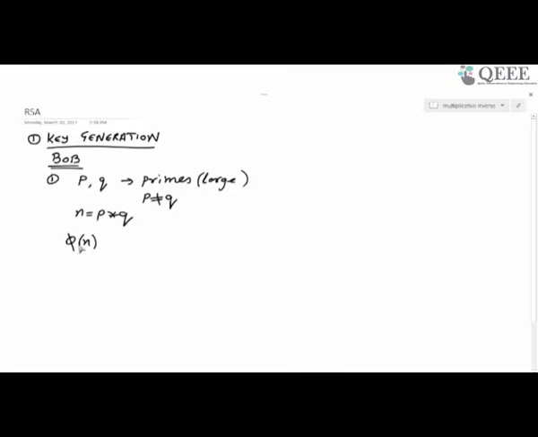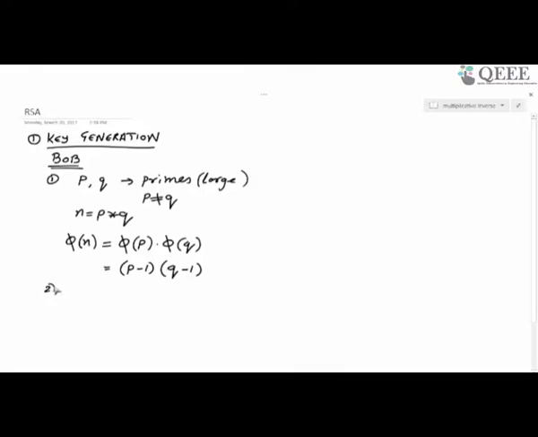So we have seen that if n is a product of two numbers p and q, phi of n will be equal to phi of p into phi of q. Further, since p and q are prime, phi of p is equal to p minus 1 and phi of q is equal to q minus 1. Okay, so this is the first step he does.